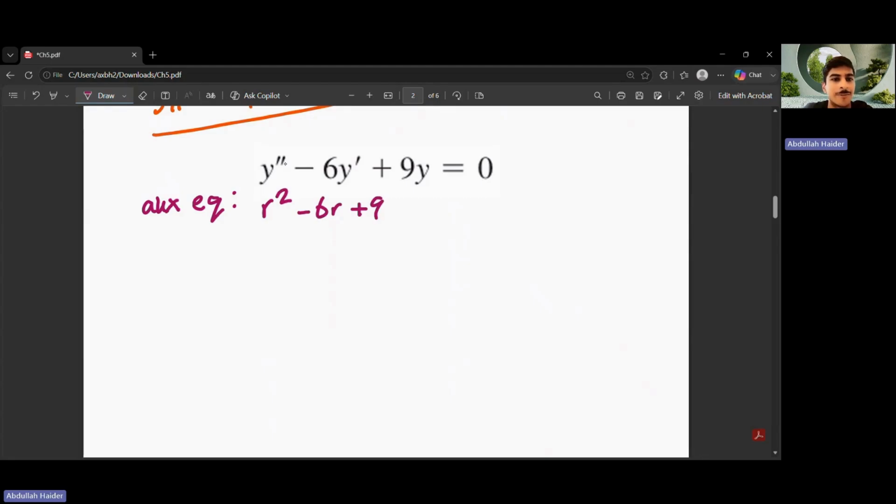As I said, y double prime will be considered r squared, y prime will be r, and for y itself you only take the coefficient. You equate it to 0, and if you solve for r, you get a repeated root. r1 equals 3, and r2 is also equal to 3.